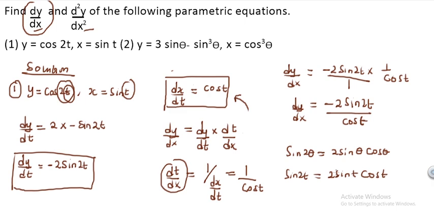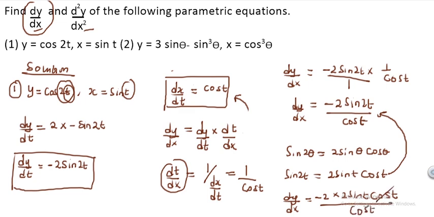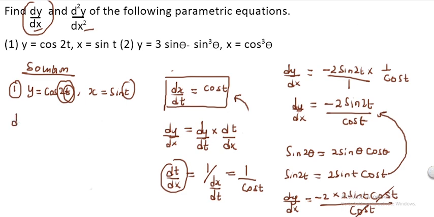Instead of writing sin 2t here, you can substitute 2 sin t cos t back into this equation, so that dy/dx is equal to minus 2 times 2 sin t cos t divided by cos t. Now cos t can cancel out cos t here, so dy/dx is equal to minus 2 times 2 sin t, which is simply minus 4 sin t. So that is dy/dx.